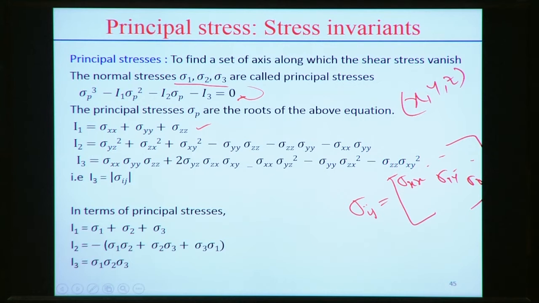The determinant of that represents the third invariant, and for the second invariant we can directly follow the components of the stress on the x, y, z coordinate system. Now the invariants can also be represented in terms of the principal stress values. The first invariant is simply the summation of the three principal stress values, the second invariant is also in terms of the three principal stress values, and the third invariant is simply the multiplication of these three principal stresses.